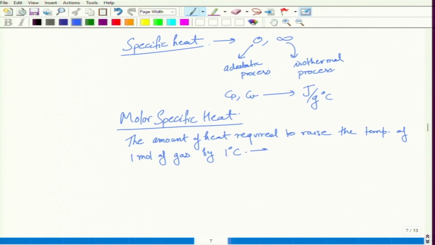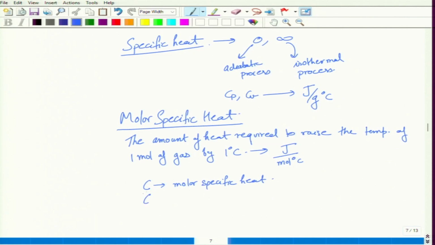The unit of molar specific heat is joule per mole per degree centigrade, and the symbol we will use for molar specific heat is capital C.